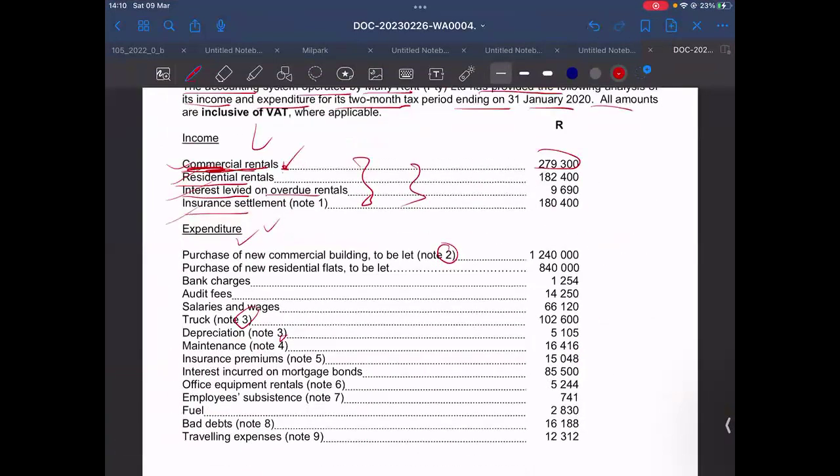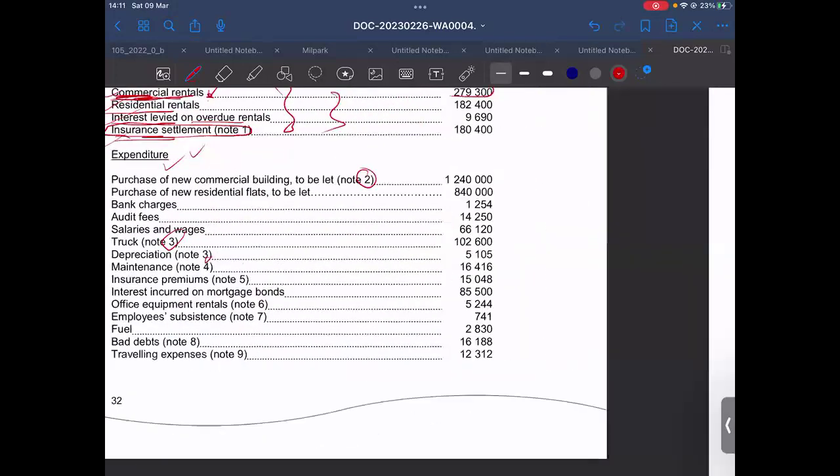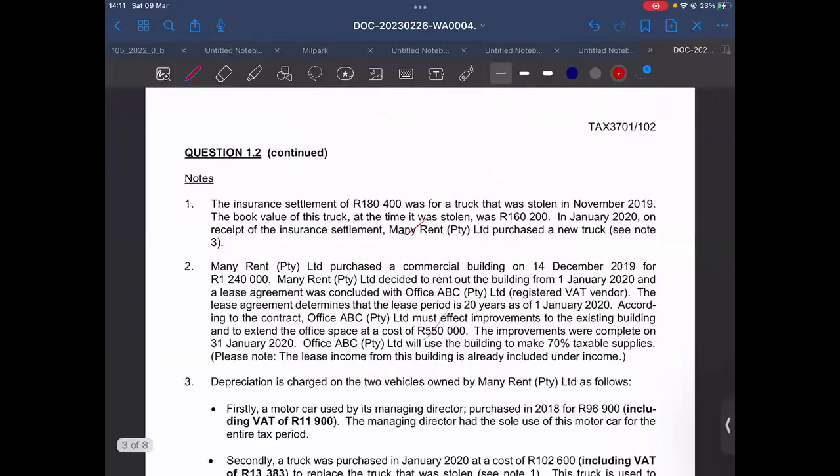We have insurance settlement. Now we need to go to note number 1. What should come to your mind? Is it a replacement of asset? If it is a replacement, no VAT. Is it a payout for disability? No VAT. Is it a payout for life assurance? No VAT. If it is for something else, then we have VAT. Let's go to note 1, a deemed supply.